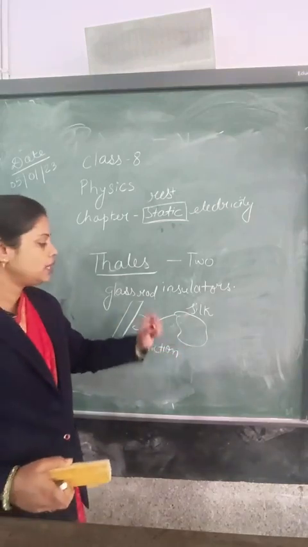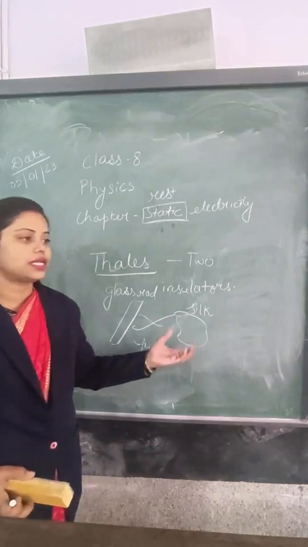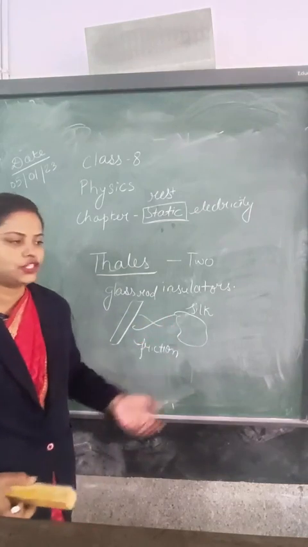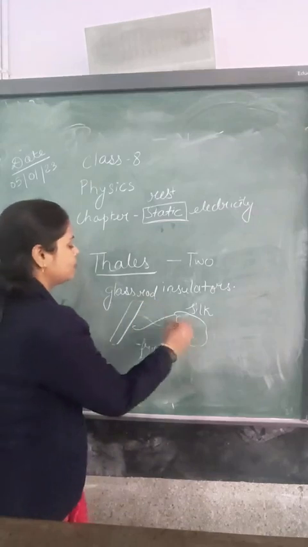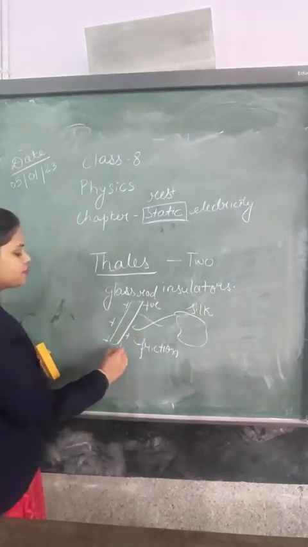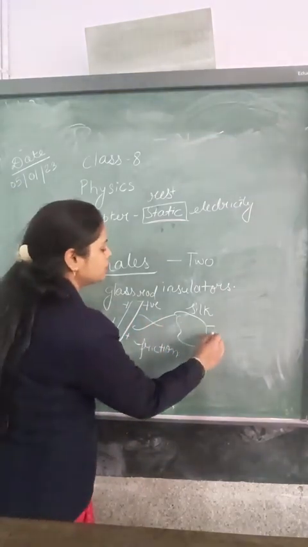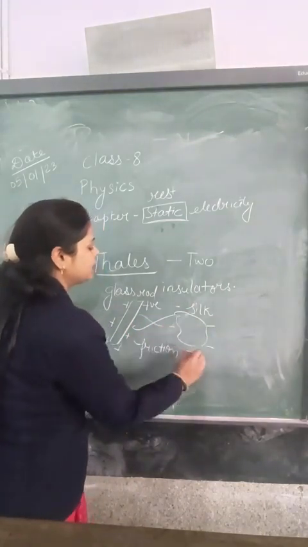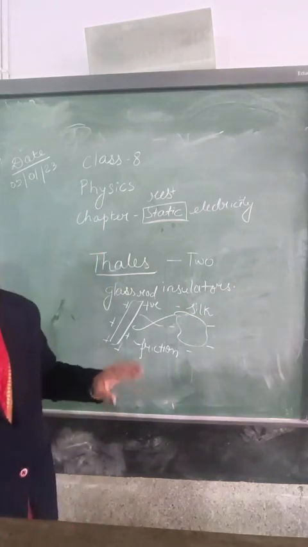The object which loses electrons gains a positive charge on its surface, and the object which gains electrons gets a negative charge over its surface.